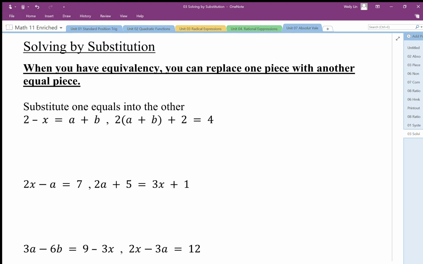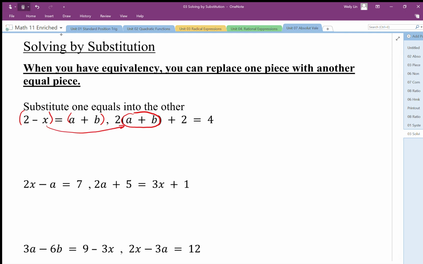When we have equivalency, you can replace one piece with another equal piece, or essentially we can replace like for like. So for example, if I have a + b = 2 - x, I can replace this a + b with an equivalent 2 - x.